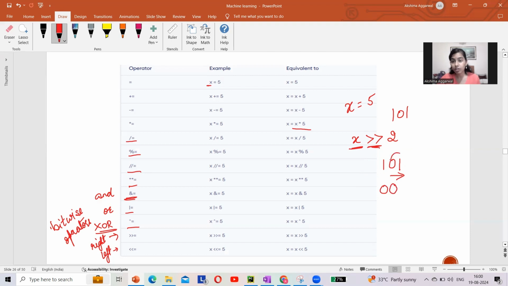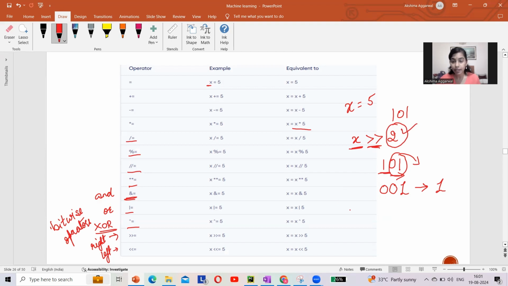We are going to shift 2 values to the right side, means we are going to dump these 2 values and we are left with only 1. So we are going to put here 1. Okay, we are going to dump the 2 values and we are going to put 2 zeros on the left side according to this number.